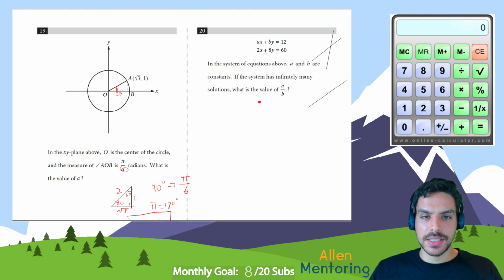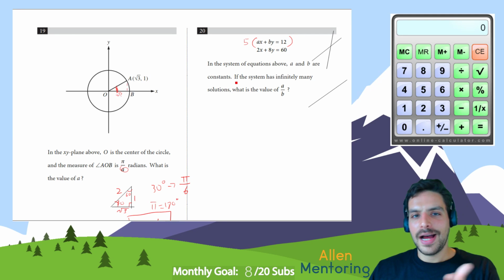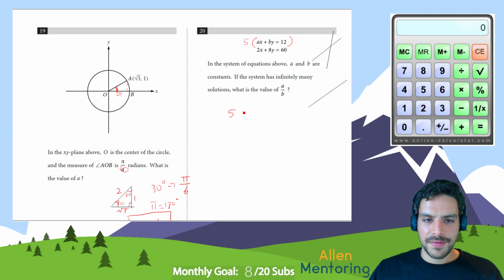And so in our case, we see that the second equation is equal to 60. So in order to match up the first one and make it equal to 60, we want to multiply the whole thing by 5, because 5 times 12 will get us to 60. So if we multiply 5 by the entire equation, we get 5ax plus 5by is equal to 60.